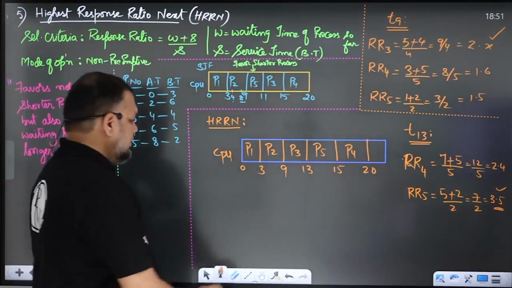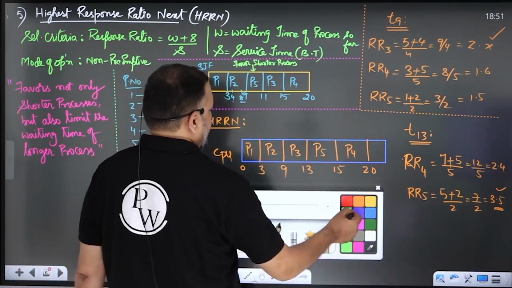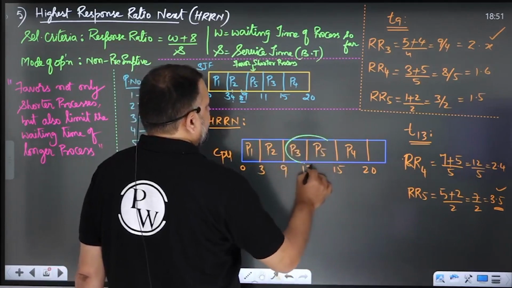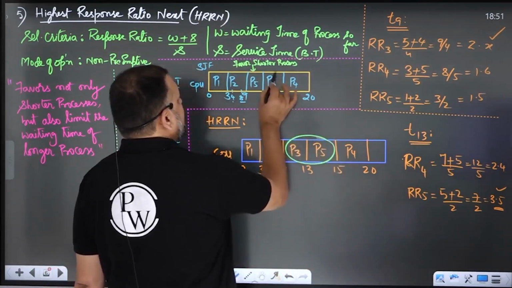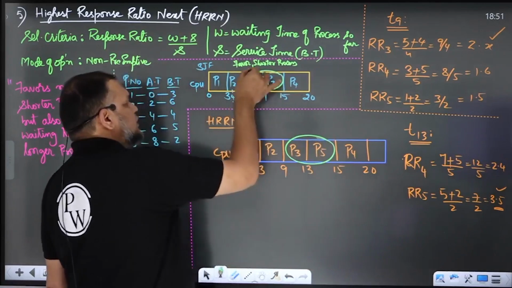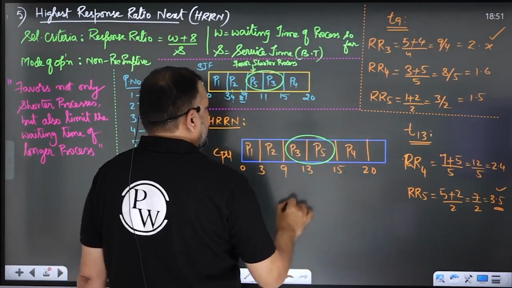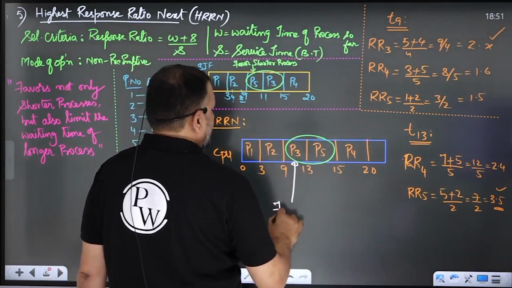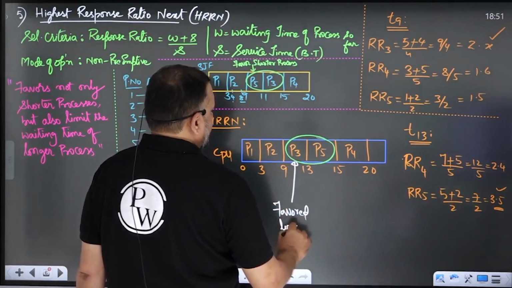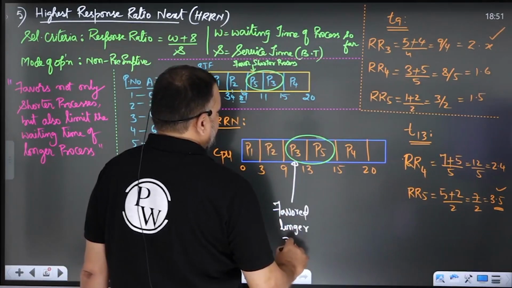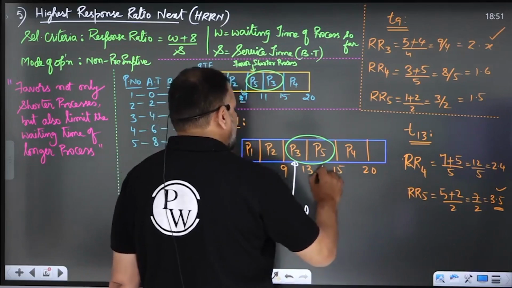I would like to draw your attention towards the difference here in comparison to this. SJF always favors the shorter process. Here, it has favored the longer process, and then the shorter process.